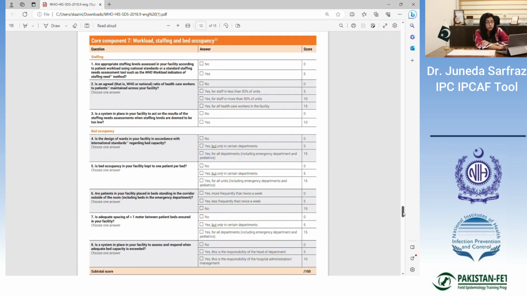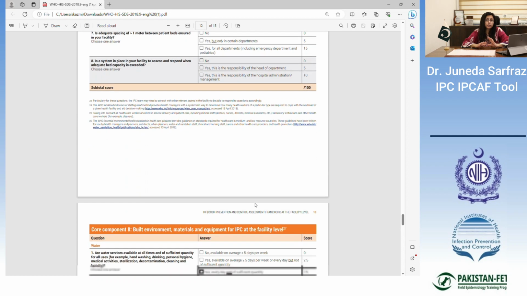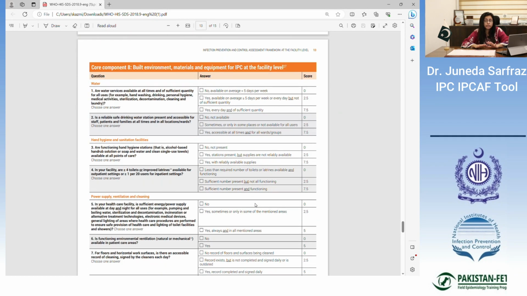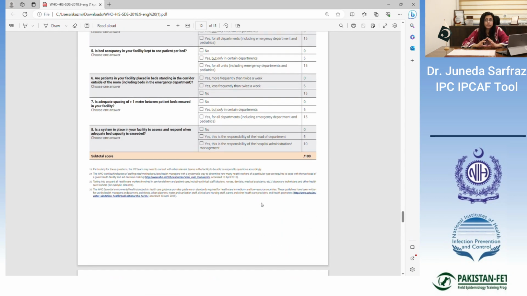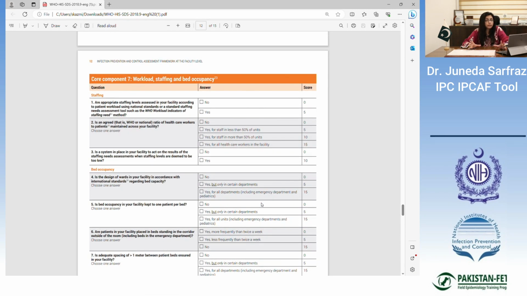The last 2 core components are core component number 7 and core component number 8, and you know and I know that these 2 are basically for the facility level, and they relate to the workplace environment. The first one is the workload, staffing, and bed occupancy.